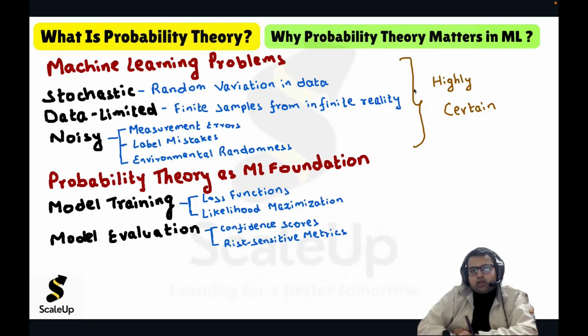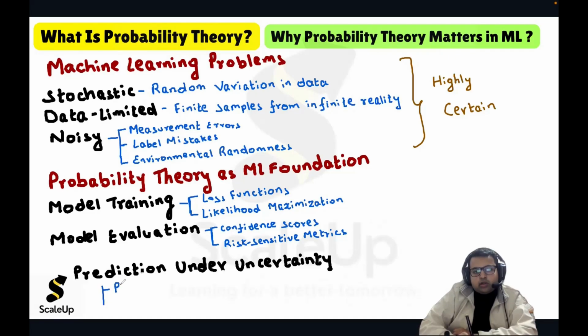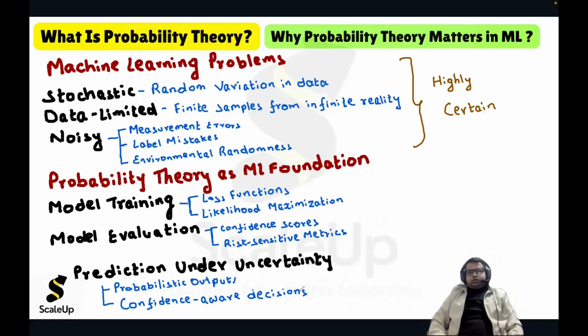And probability theory also plays a role in prediction under uncertainty, like dealing with probabilistic outputs and confidence aware decisions. So probability theory is the foundation of machine learning.